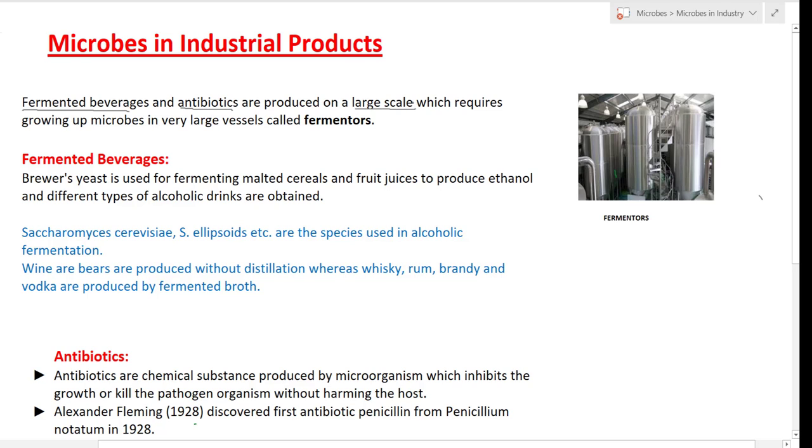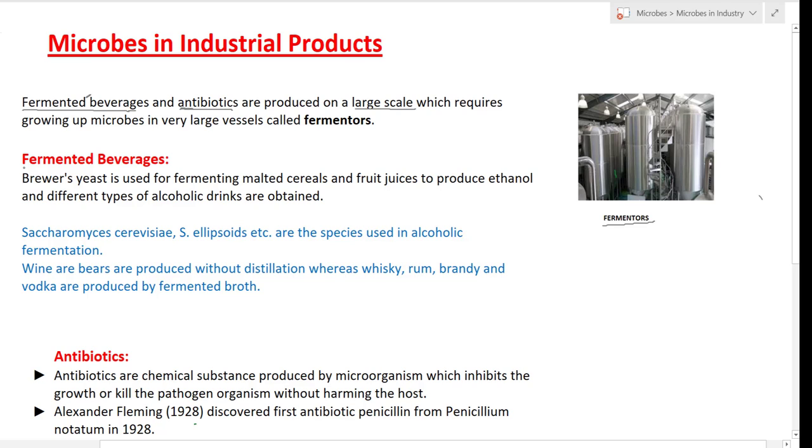Large scale means in large amounts, and for this we require fermenters. Actually, we require these products in large amounts, so we use large vessels in which fermentation goes on with the activity of microbes, and the products we generally get are fermented beverages and antibiotics. These fermented beverages include alcoholic drinks like rum, whiskey, vodka, etc. Antibiotics are quite important because they are life saving.